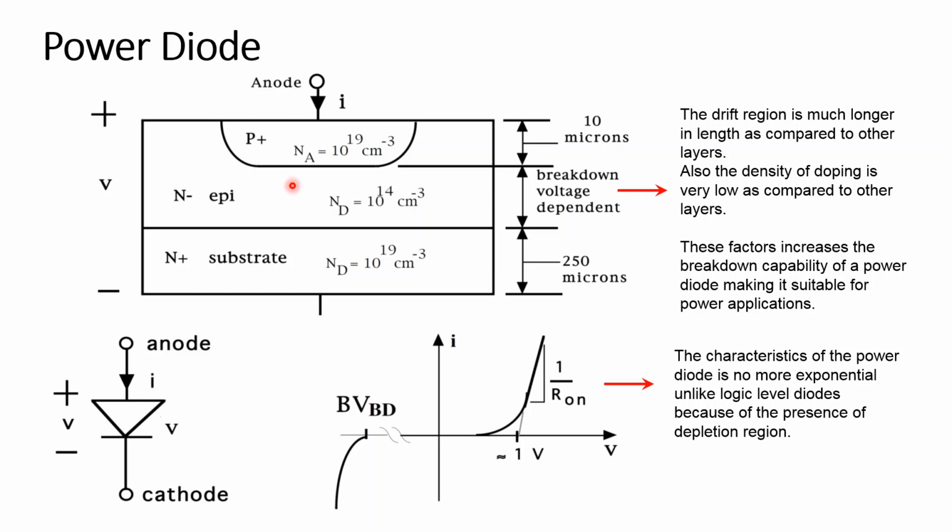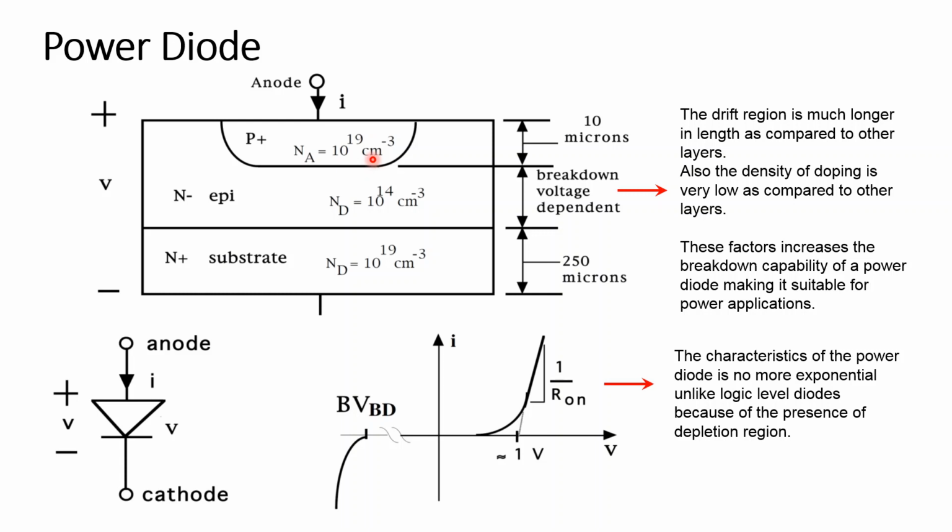And then over it we have a P plus region, that again means a P type material having high doping. So the number of acceptor atoms are 10 to the power 19 per centimeter cube. So this is the structure of a power diode.